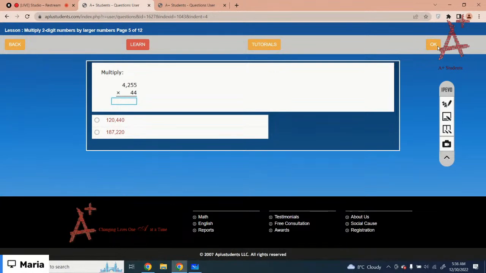Okay, the next one is 4,255 times 44. So which of the option is the correct one? Just multiply them and let me know the answer. So which option is the correct one?